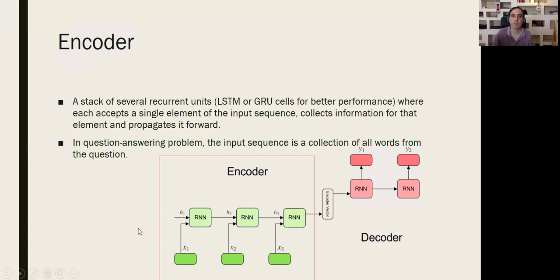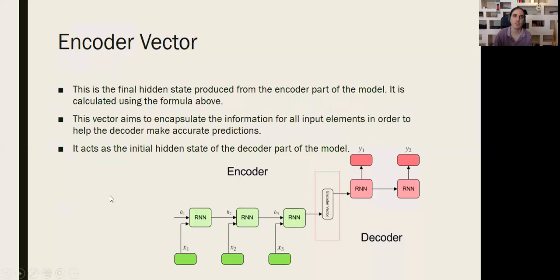In a question answering problem, with both input and output being English, its purpose would be to understand the concepts and create that conceptual representation in the encoder vector. Okay. So the second part, the encoder vector, is a model or just a vector.